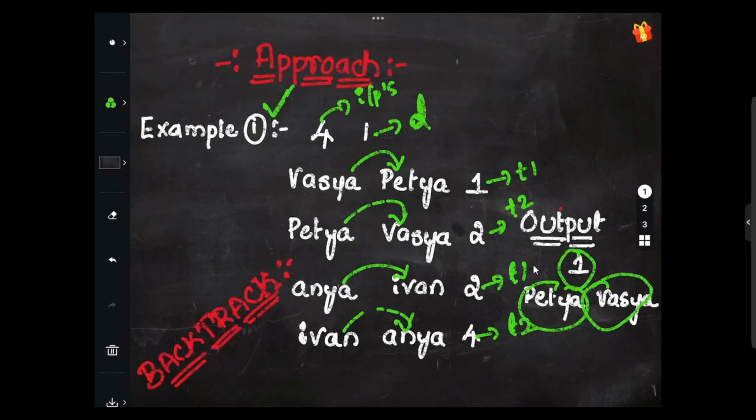We have been given the message logs, so we have to return all the unique pairs of friends from such a log, right? So what we need to do here is get the output 1, Petya and Vasya.